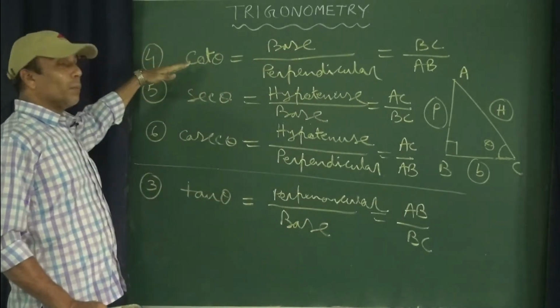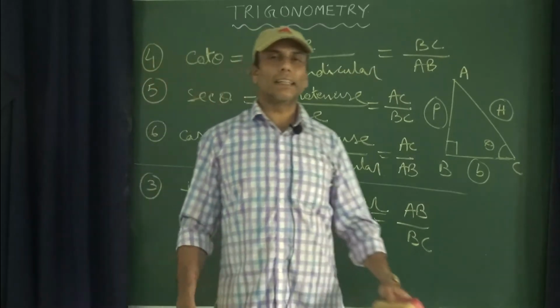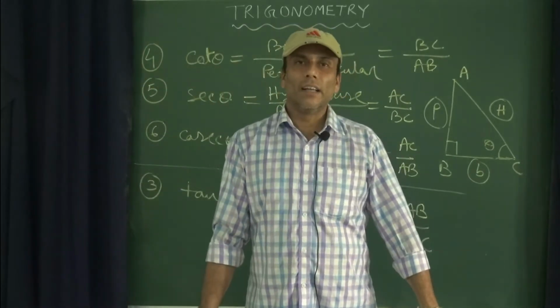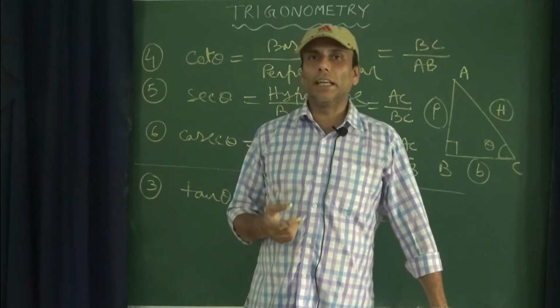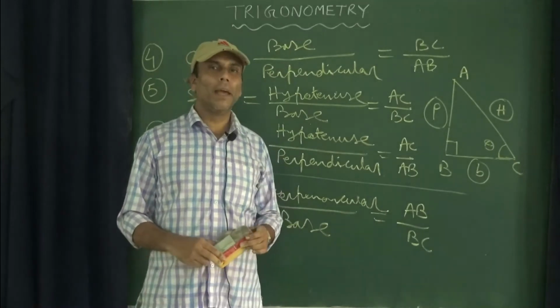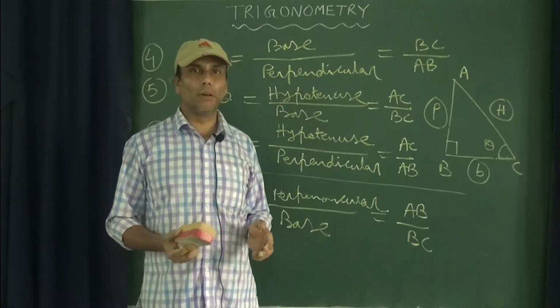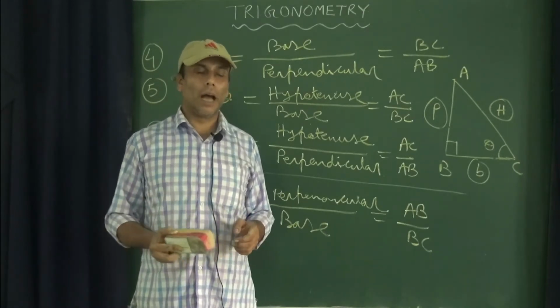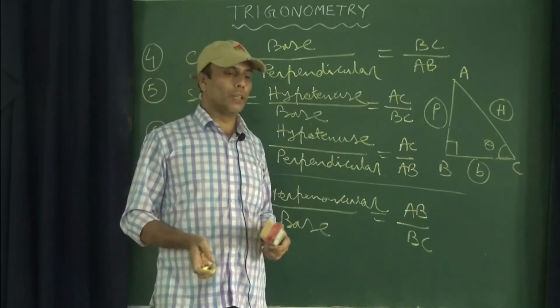Now these trigonometric ratios, sin theta, cos theta, tan theta, then sec theta, cosec theta, these are very much close to each other. Means in the very beginning you may get confusion how to remember that sin theta equal to perpendicular by hypotenuse, cos theta equal to base by hypotenuse, or tan theta equal to perpendicular by base. How will you remember? You may get confusion.